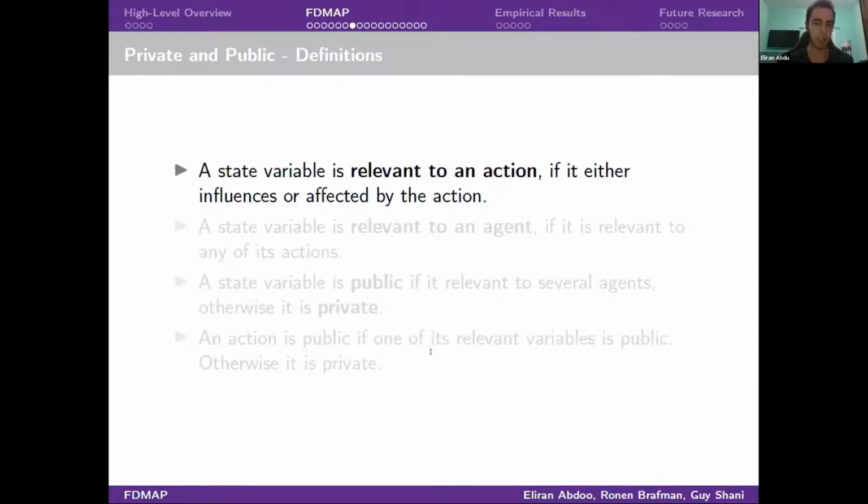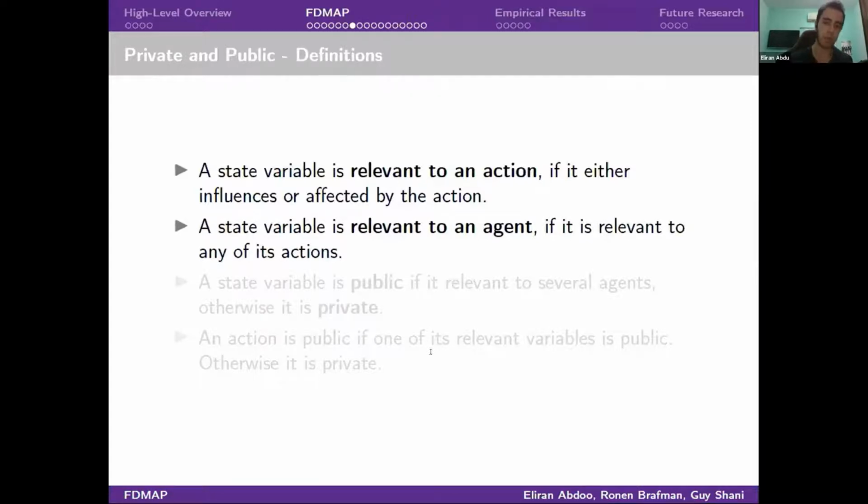We say that a state variable is relevant to an action if it either influences or is affected by the action. I'll go back to the box pushing example, because it's what we finally use. We have an action of push. Both the box location and the agent location influence the action of an agent pushing a box, and what is affected by the action is only the box location.